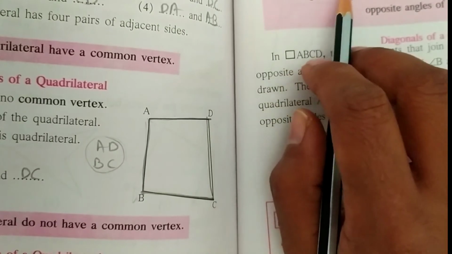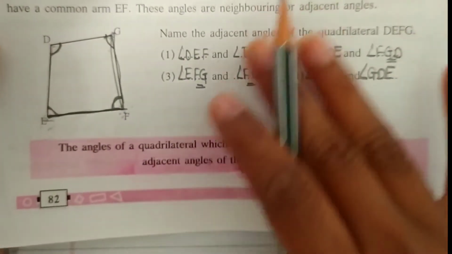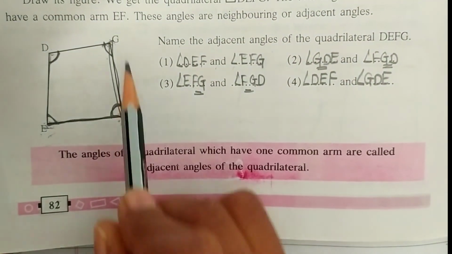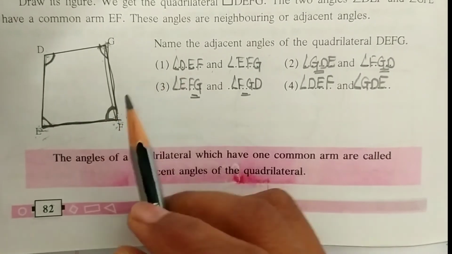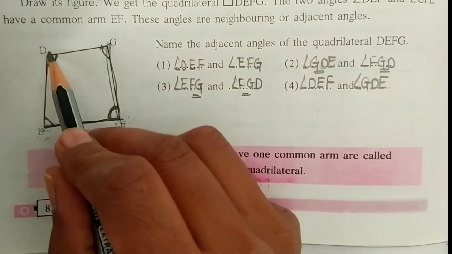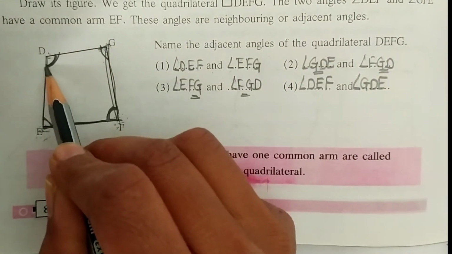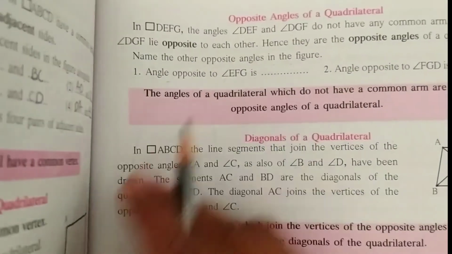Angle opposite to angle EFG is, look at the angle EFG, this one. So this angle has the opposite angle EDG. Let's write here angle EDG.